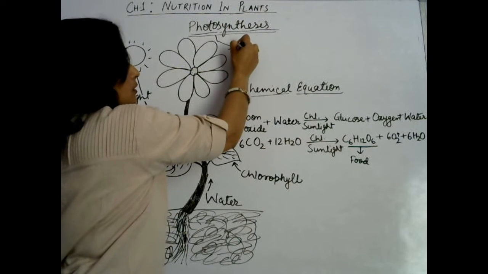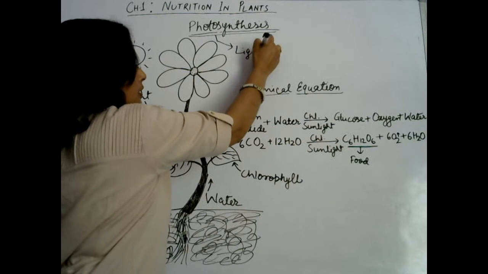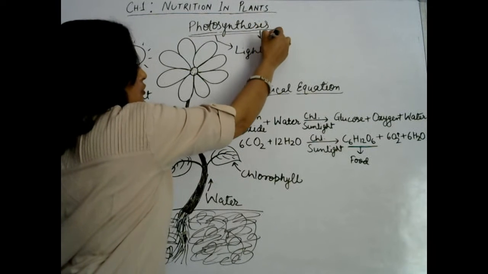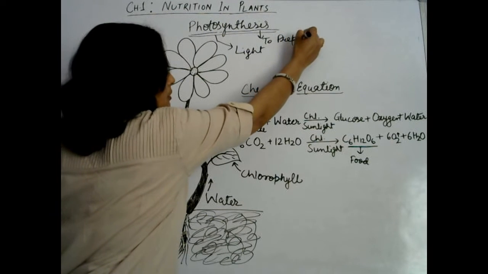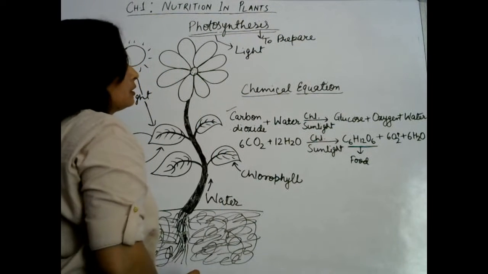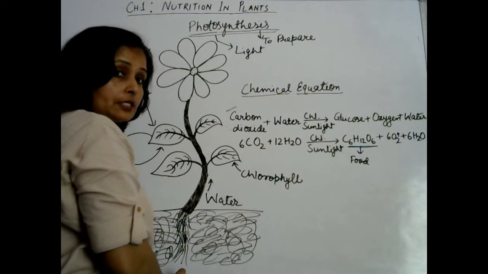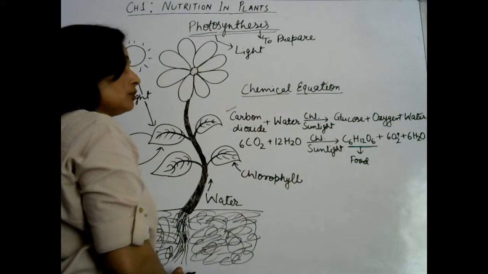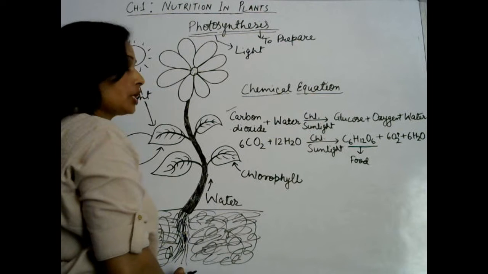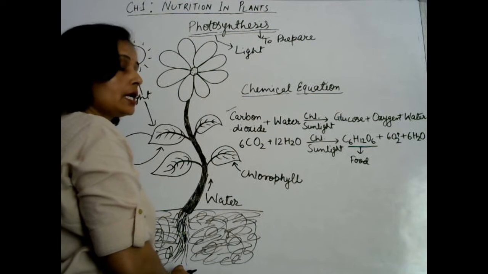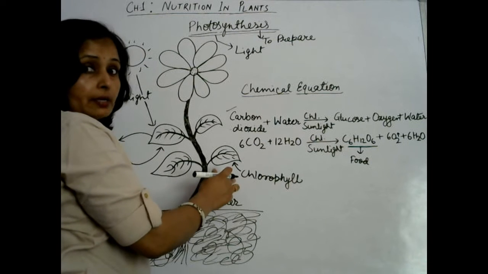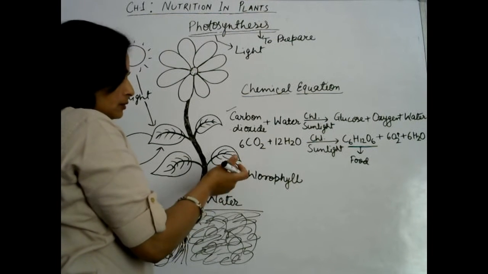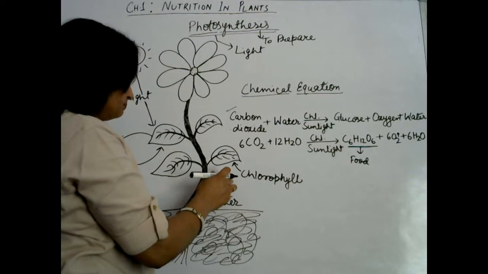Photo means light and synthesis means to prepare something. So it is a process which takes place only in presence of light. That light can be sunlight as well as any artificial light. So chlorophyll traps solar radiation and plants can get solar energy.